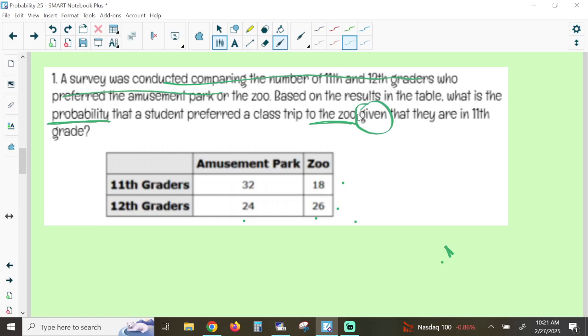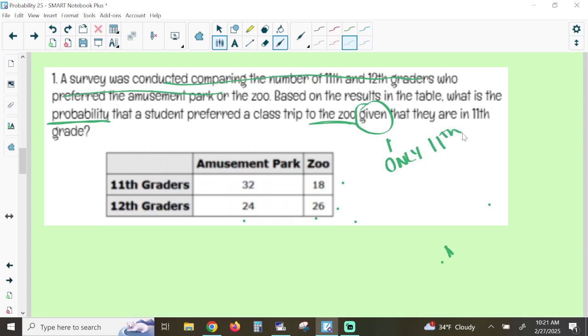What does it mean if I say given that they are in 11th grade? Don't think of it that way. If I say given that you're in 11th grade, what does that mean? Are you allowed to be in 12th grade? Okay, so this means only 11th graders.